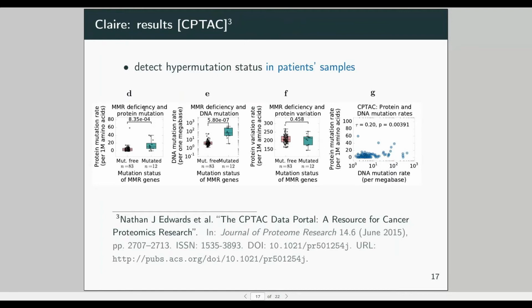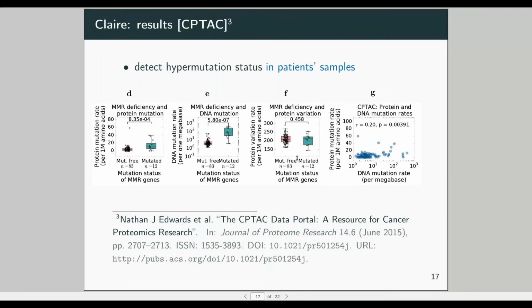For example, here on the left side, you see that the protein mutation rates in those without deficiencies in the DNA repair mechanisms were much lower than in those which had the deficiencies. For comparison, we also included the analysis on the level of DNA. Of course, the differences there are much more clear cut.